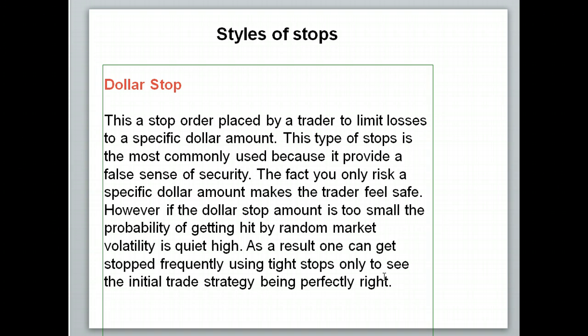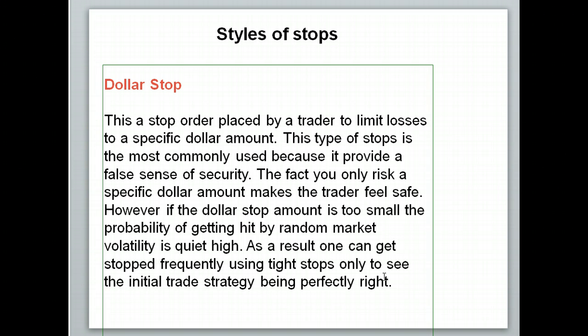Maybe the $200 that is fine for you is too tight or too small an amount for the volatility at the time where you are putting it in, and as a result you feel that you are safe because the maximum you will lose is $200, if you are not caught in a fast moving market.